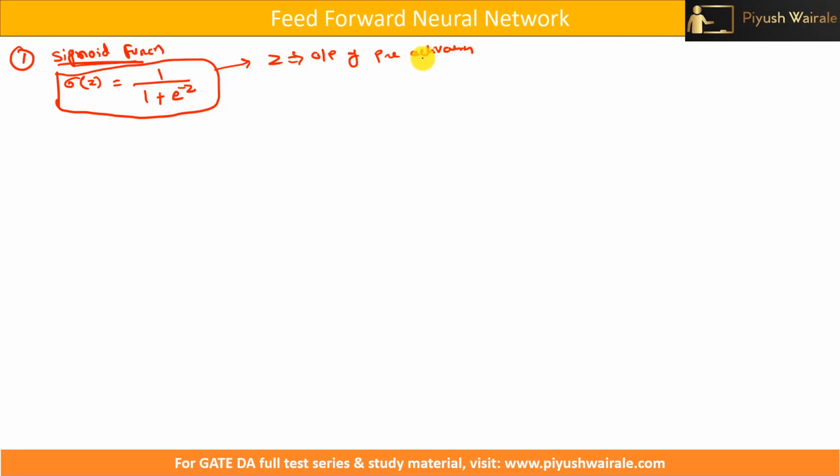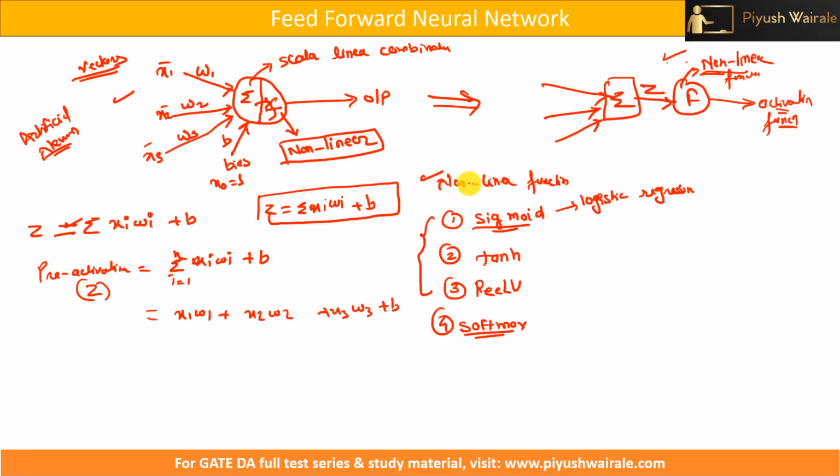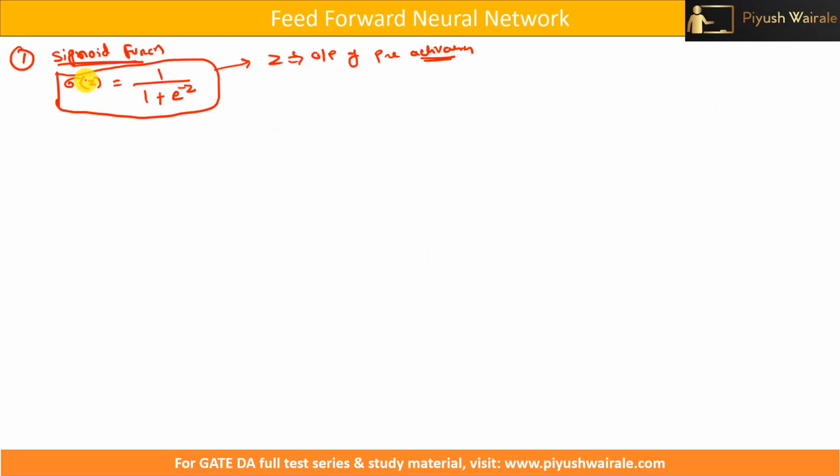If you compare this, z is basically this one. So if I use the sigmoid function as the non-linear function, it will be equivalent to 1 upon 1 plus e to the power minus the summation of xi wi plus b.